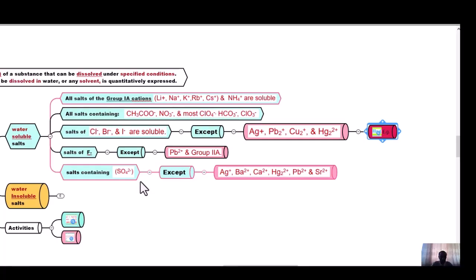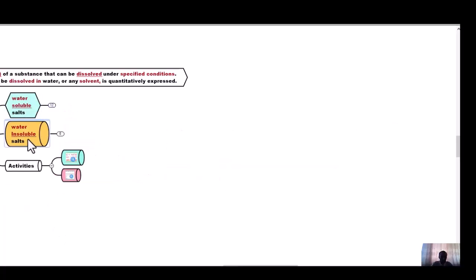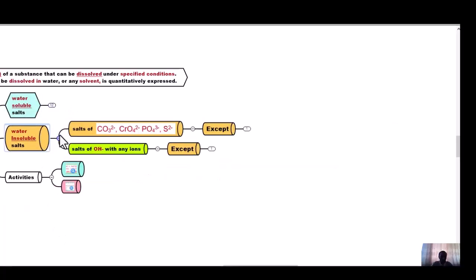Another one is the water insoluble salts. Salts of carbonate, chromate, phosphate and sulfide are insoluble in water except compounds with group 3 cations and ammonia. That means group 3 cations and ammonia salts of these ions are soluble in water.